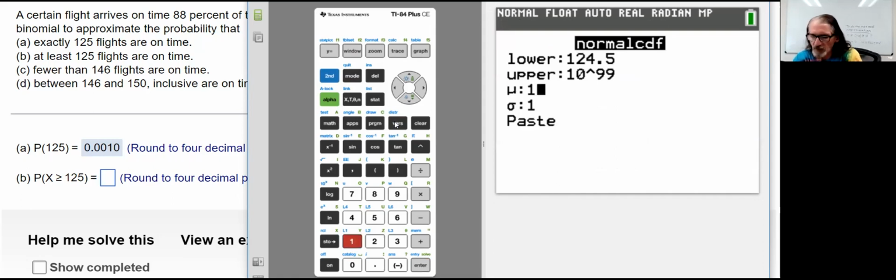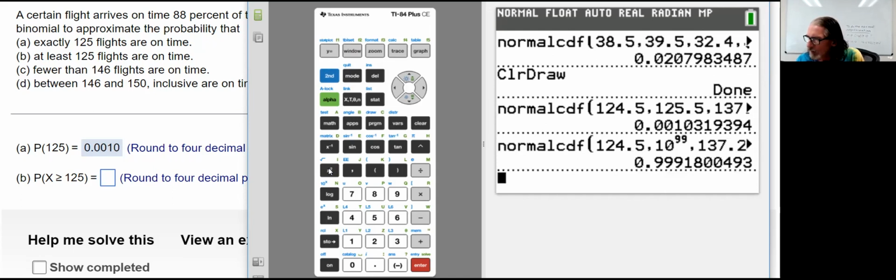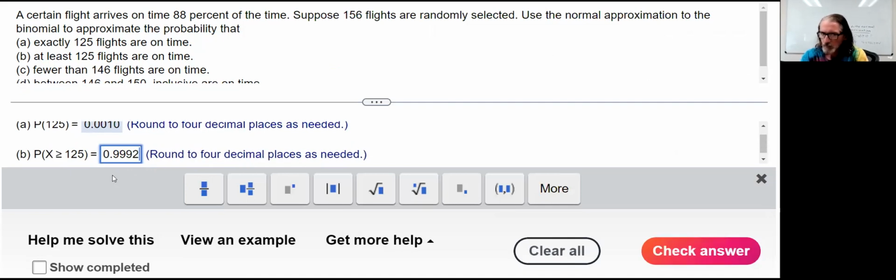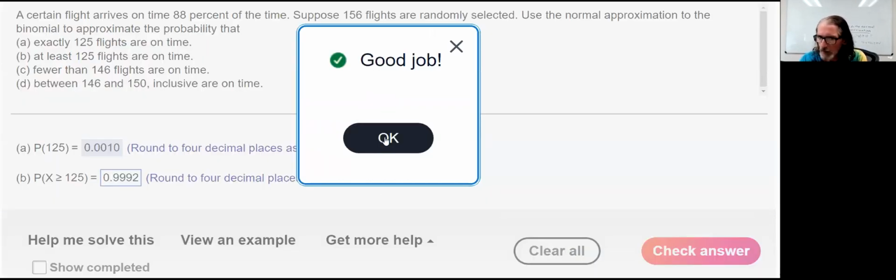Mu is 137.28, and sigma was the square root of 16.4736. Again, a pretty large number. Looks like this is going to round to 0.9992. Okay, that one's good.